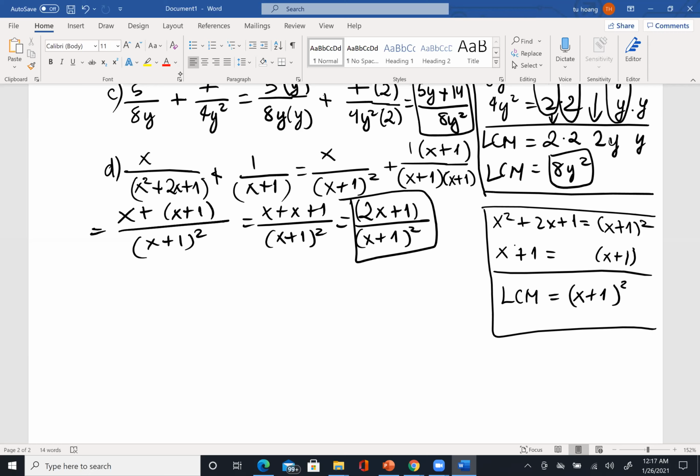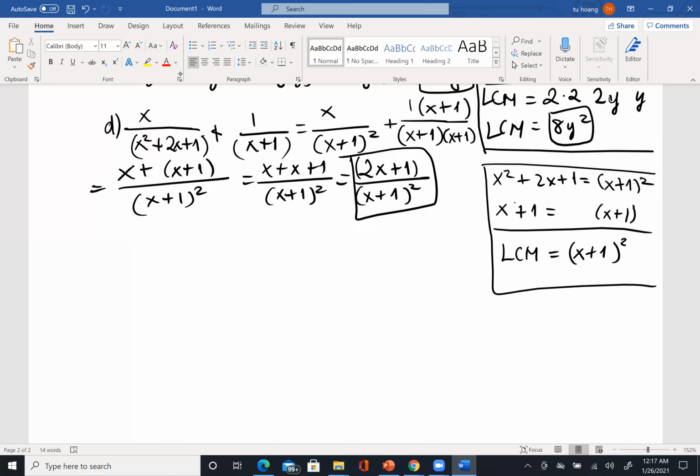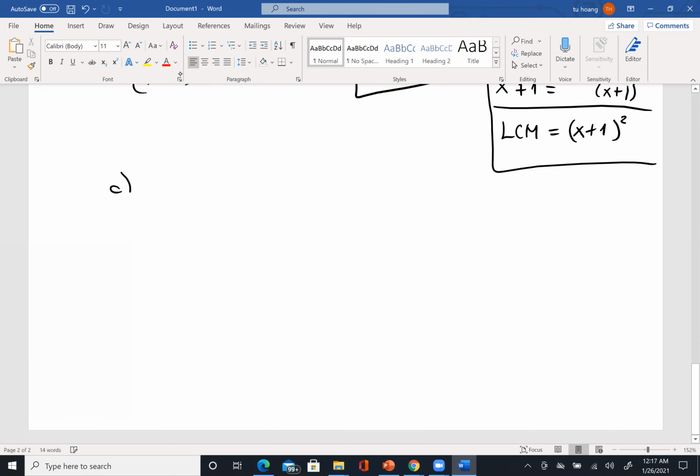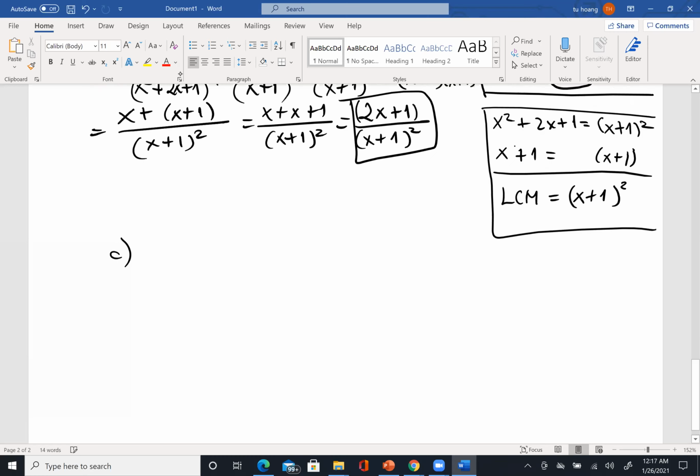Let's do a subtraction example, right? What's the next one?